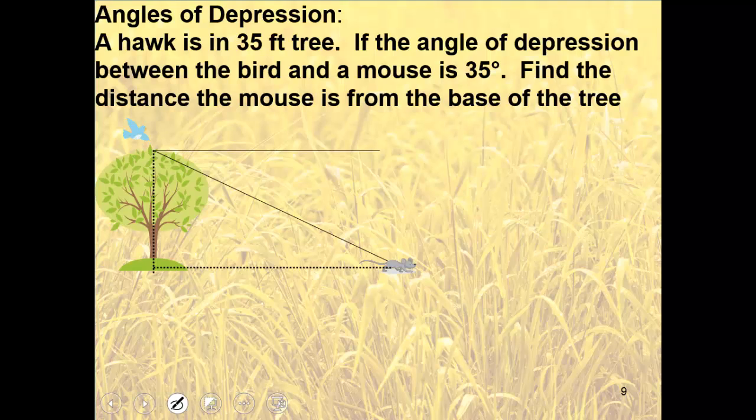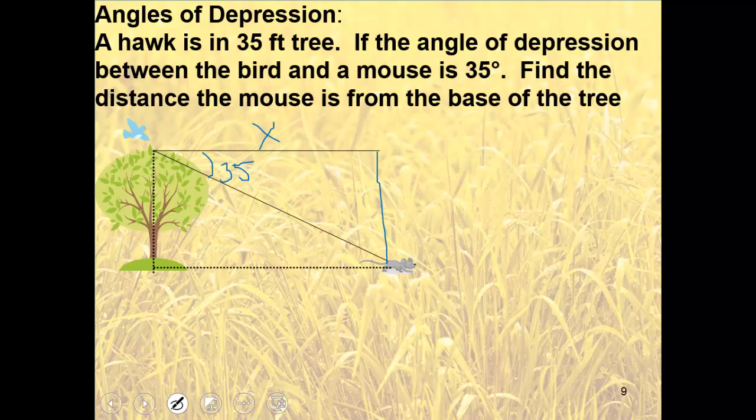Okay, a hawk is in a 35-foot tree. If the angle of depression between the bird and the mouse is 35, so here's my angle of depression. Find the distance the mouse is from the base of the tree. So we're looking for this one right here, right?